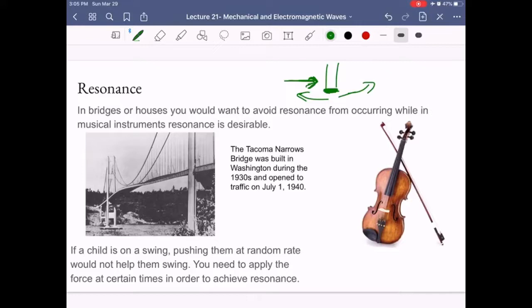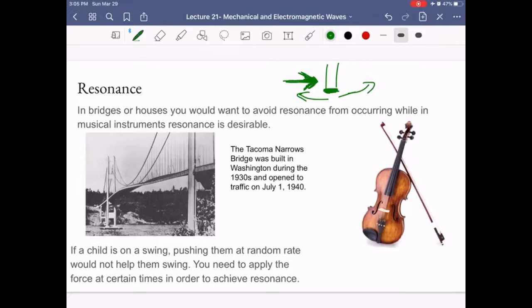We would sometimes be helping them speed up, but sometimes slowing them down. So we need to apply this force at a certain time or with a certain frequency. I am guessing resonant frequency, which would correspond to whatever the natural frequency of that oscillation is.